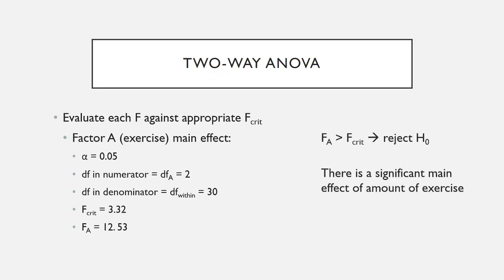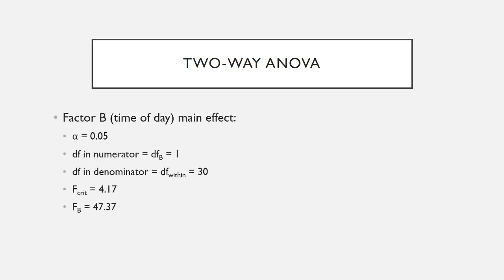What this tells you is that there's a significant main effect of amount of exercise. So basically, even before you take into account time of day, amount of exercise does have a significant effect on sleep.